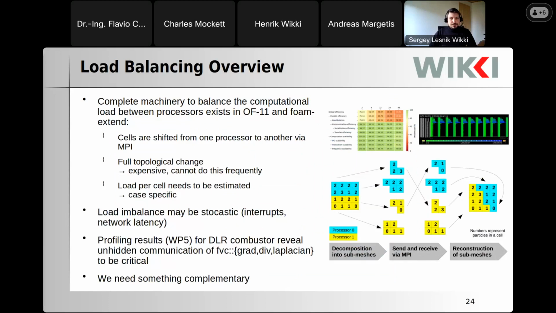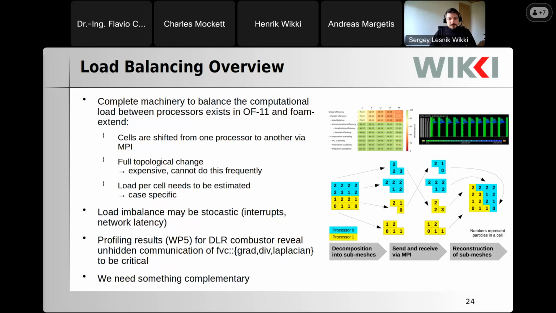So I will give you some information about work package 4, the work that we did on load balancing. Load balancing is the idea of shifting work from one processor to another.